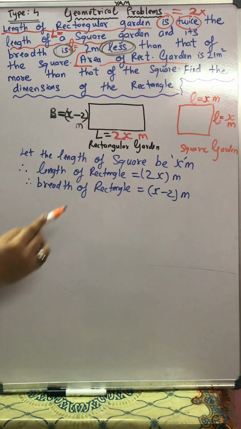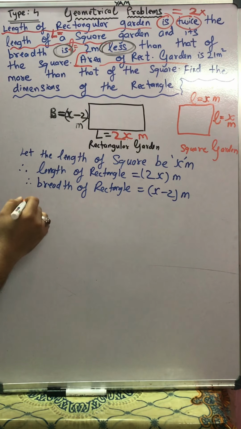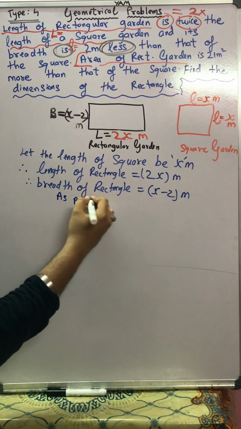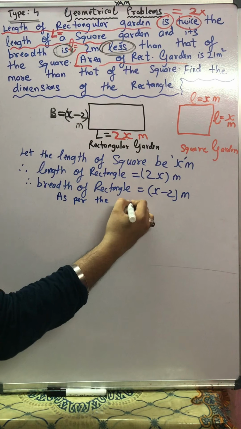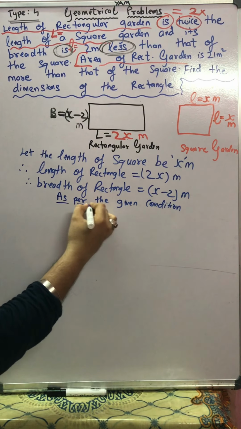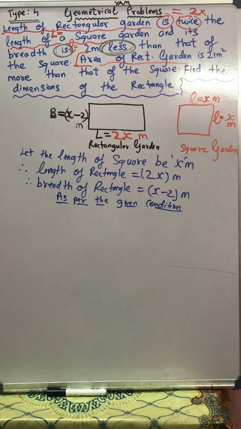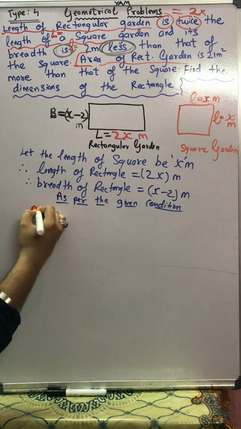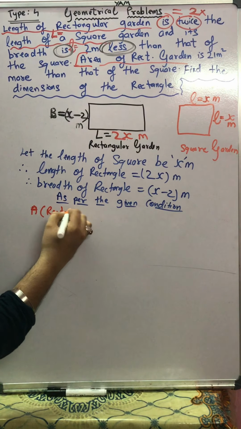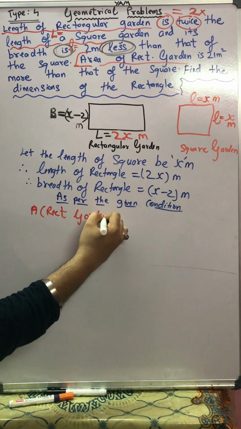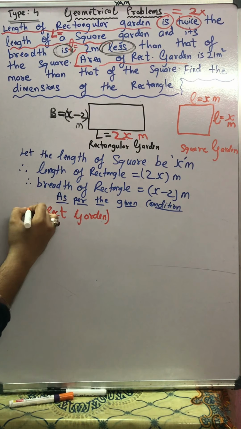Whatever I have read, I'm writing here on the board. First I will write as per the given condition. As per the given condition, area of the rectangular garden. So I'll write A for area, area of the rectangular garden. A denotes area.